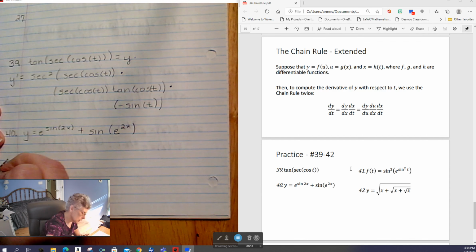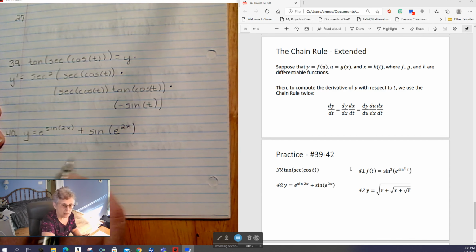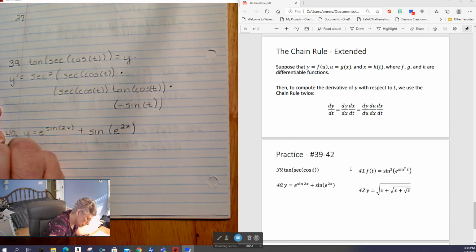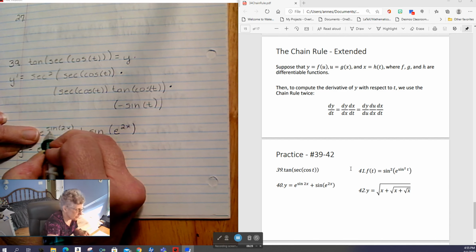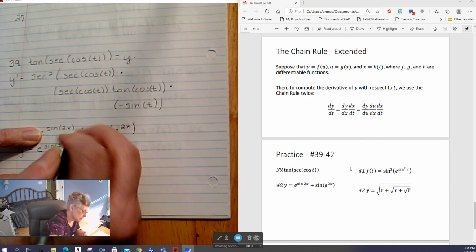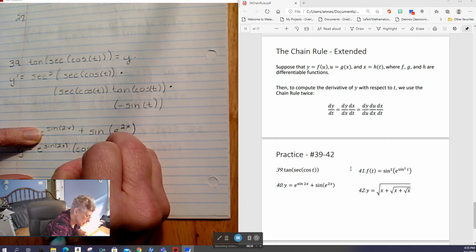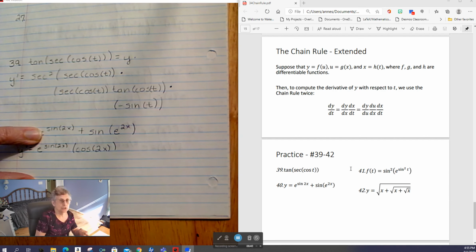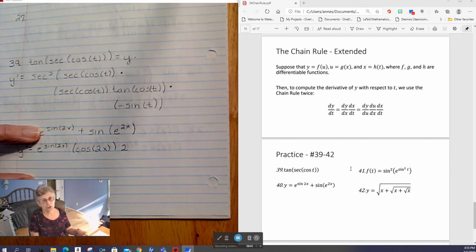So our first piece, e to the sine of 2x. Our outsidest function is e, so we just write down the function itself. Our next function is the sine of 2x. So derivative of sine is cosine. Inside function stays the same, times the derivative of its inside function, which is 2.